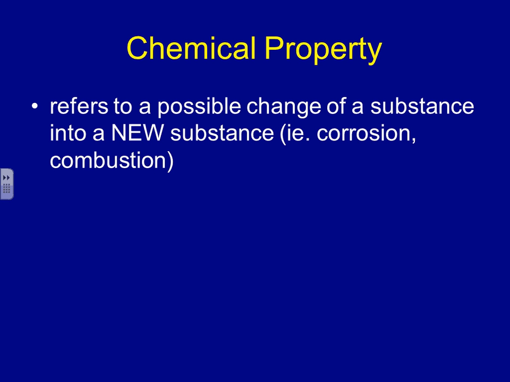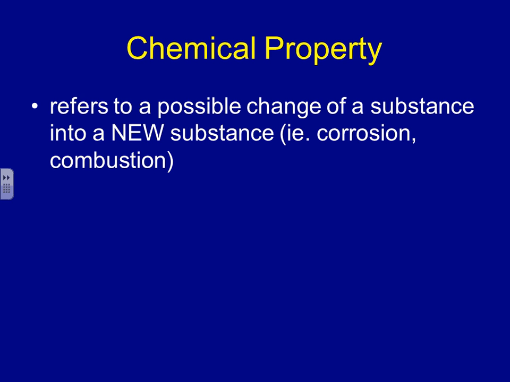So it's describing the possible chemical change, right? So if you're going to describe a chemical property, you really need to know its possible chemical changes that it can undergo, all right? So you need to have a knowledge of the chemistry of the substance in order to describe its chemical properties. That's more difficult.